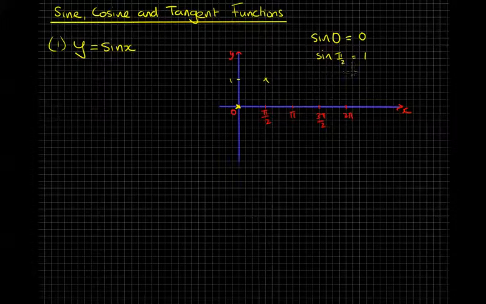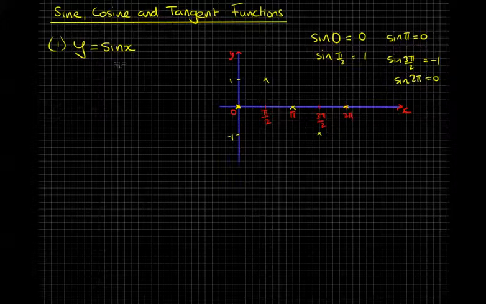Sine of pi is 0, so sine of 180 is 0. Sine of 3 pi over 2 is minus 1, so that's minus 1 down here. And sine of 2 pi is 0, so it goes back to 0.